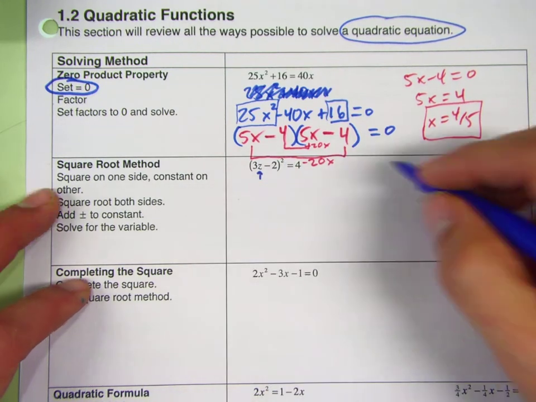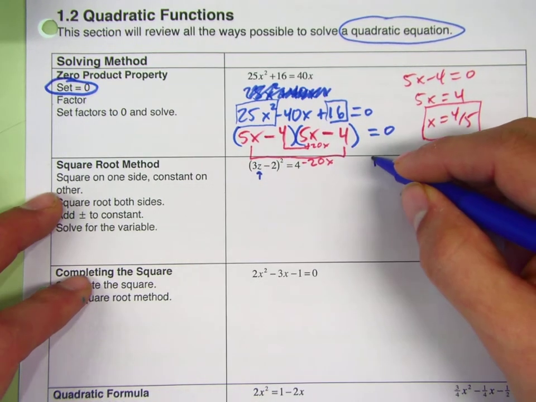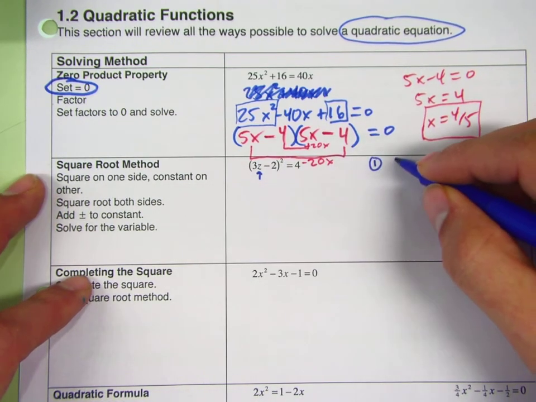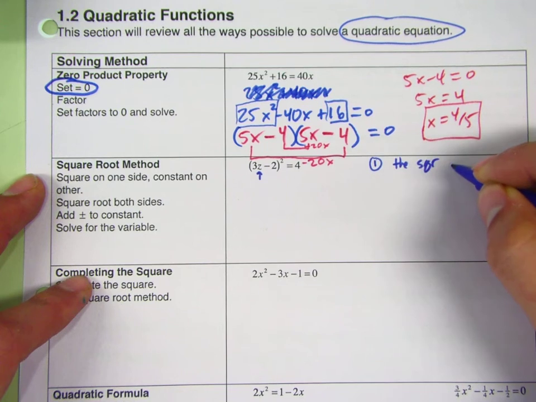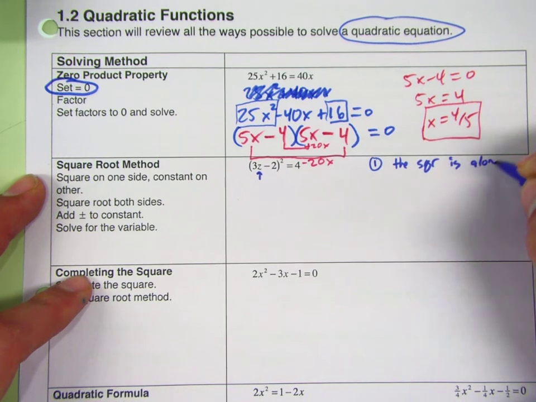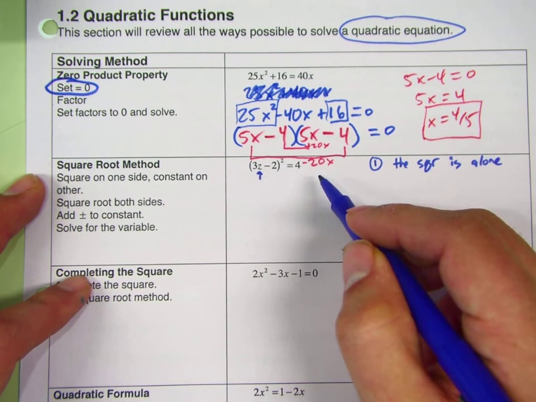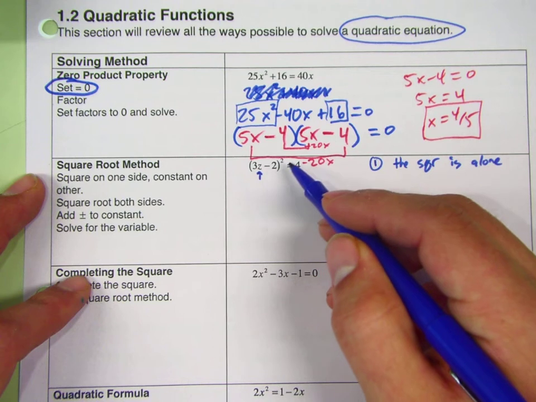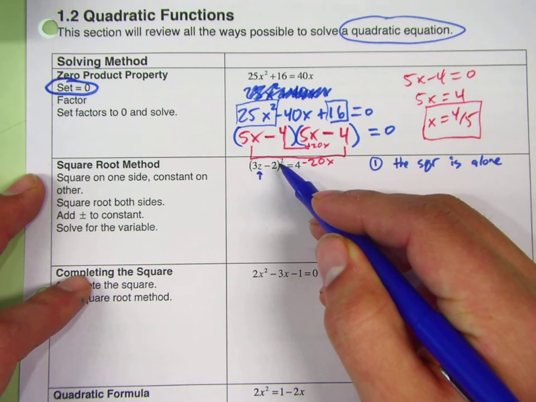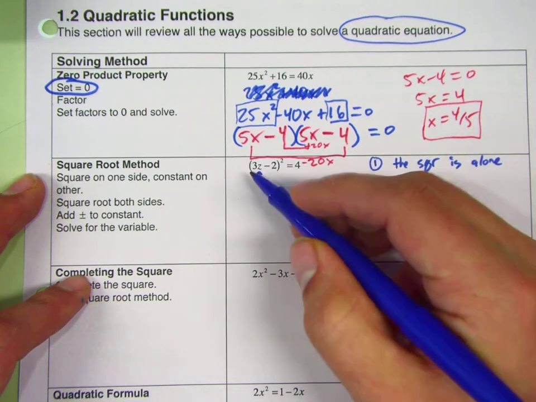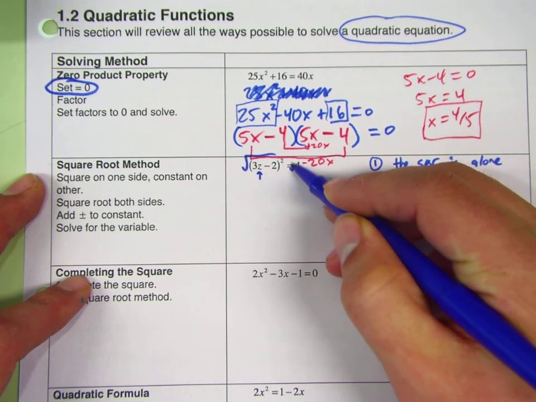Okay, so first, I'm going to write this down. You want to make sure that the square is alone, which in this case it is. How do I undo this whole thing being squared? Square root both sides.